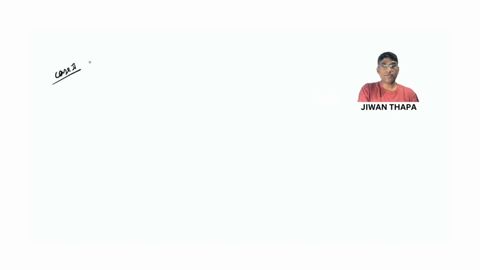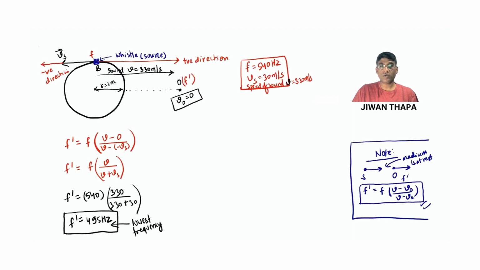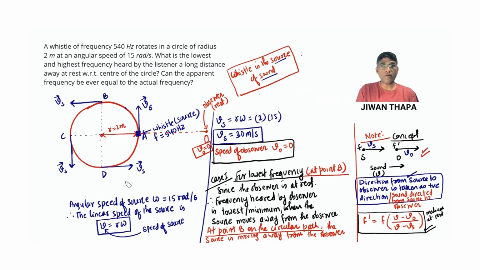Case 2, highest frequency. So let us come to the question once again. At point D, we find the velocity of the source is along the direction of tangent. So it is along this direction.